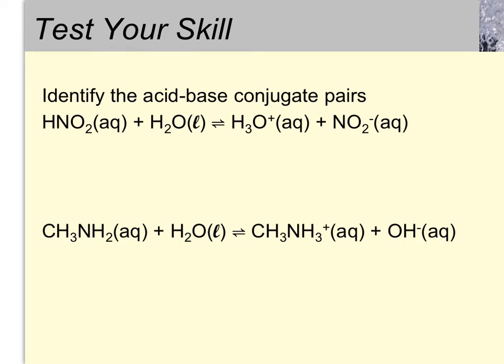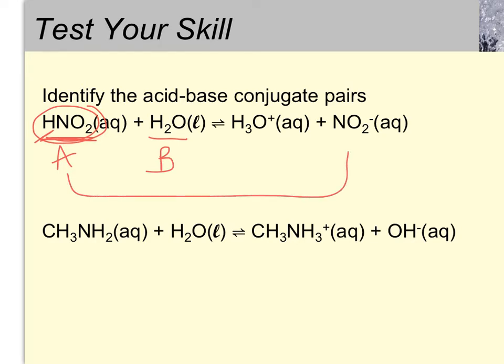Here's how I would start the problem. I start out by identifying what the acid and base are. I see HNO2, which happens to be nitrous acid, is the acid because it begins with a hydrogen, which means water in this case is functioning as a base. Now I want to look at what HNO2 forms, what's left over once it gives away the hydrogen ion.